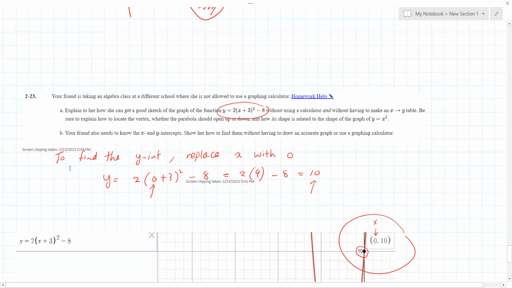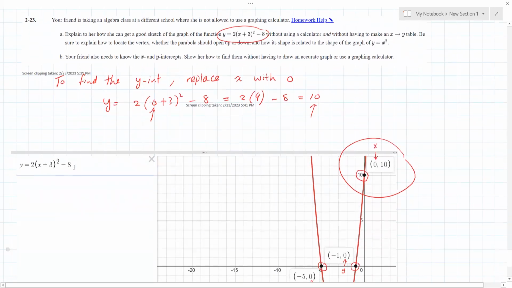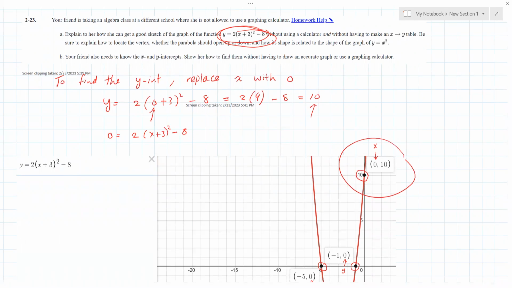Now to find the x-intercept, I need to replace y with 0. Same thing, but let's replace y with 0 in this equation. So 0 equals 2 times (x plus 3) squared minus 8. Now I need to get x isolated to find the x-intercepts.